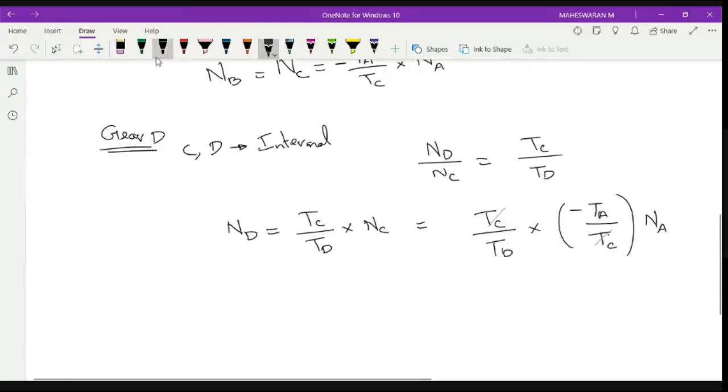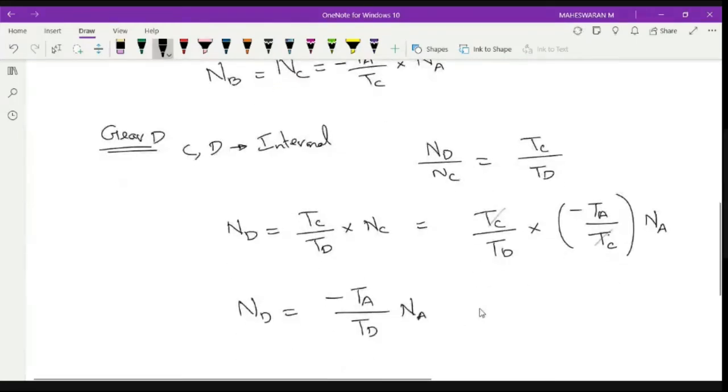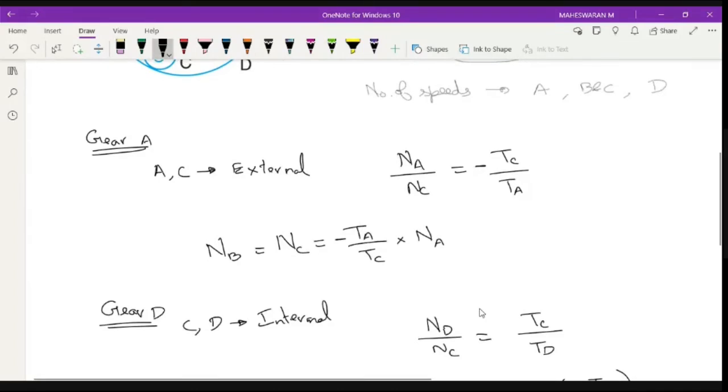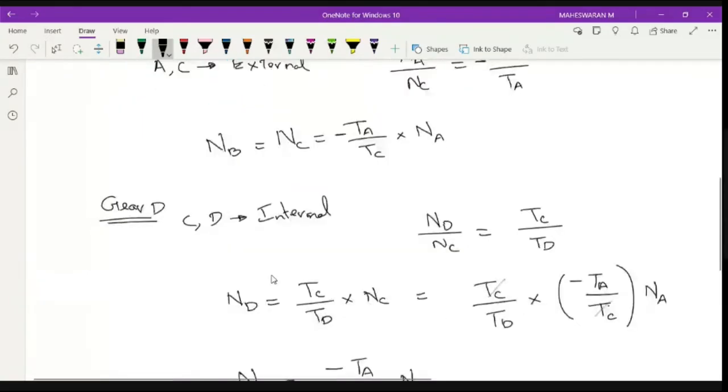So ND simplifies to ND is equal to minus TA by TD into NA. Any doubt on this equation? Now you can see these two are related. These two I have already written.